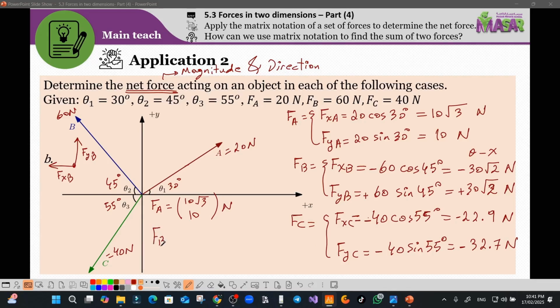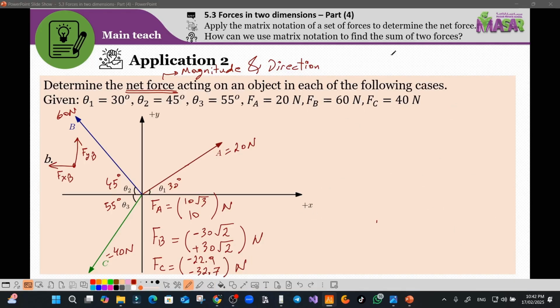Yes, so for F of B, this is just minus 30 radical 2 and plus 30 radical 2 Newton. And finally, for F of C, we have minus 22.9 and minus 32.7 Newton.